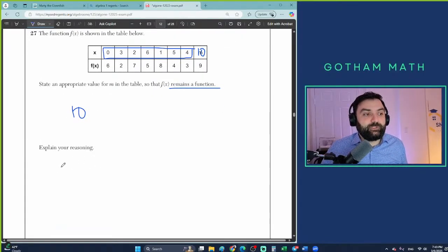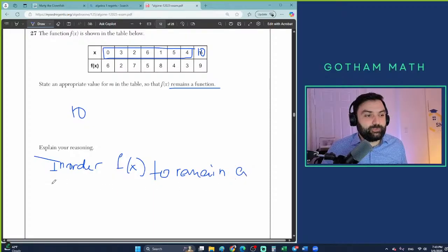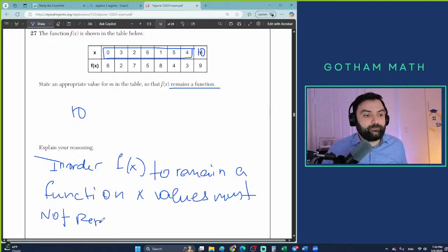The reasoning will be: in order for f of x to remain a function, x values must not repeat. And that's good enough an explanation.